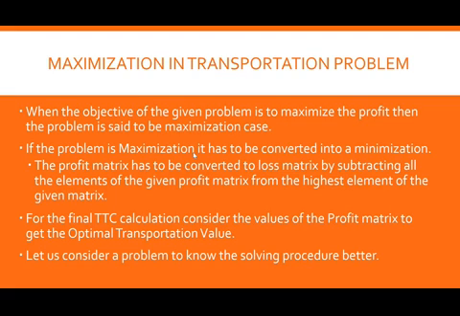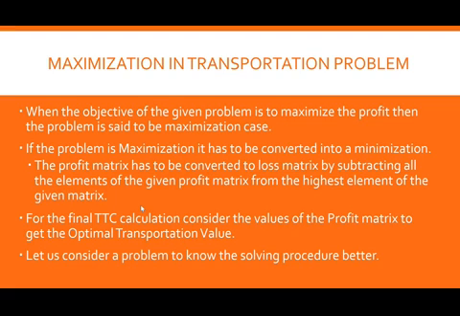So if the problem is maximization, it has to be converted to standard form, that is minimization. So how do you convert? Once again, very much similar to whatever you did in your assignment problem method. The profit matrix that is given has to be converted into a loss matrix by subtracting all the elements of the given profit matrix from the highest element of the matrix.